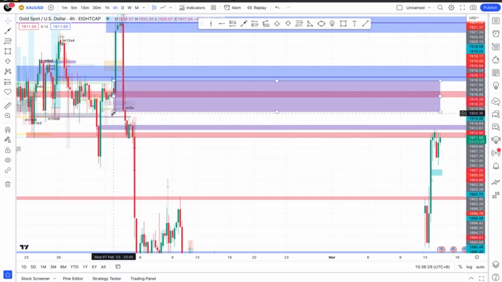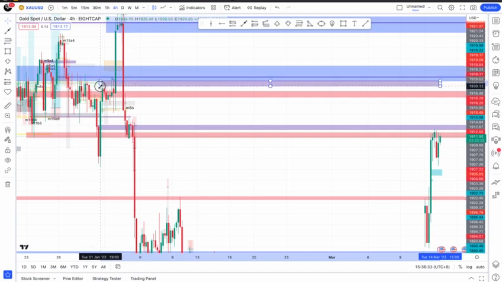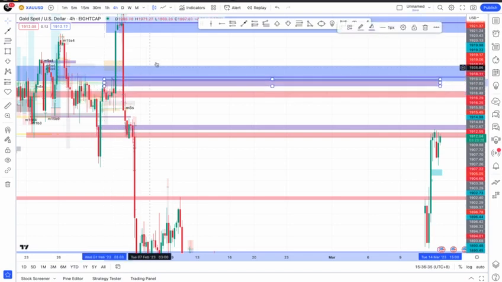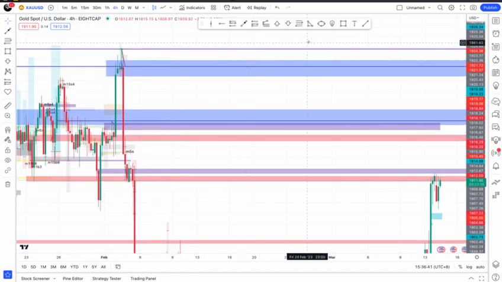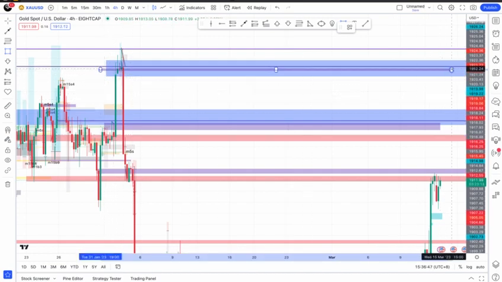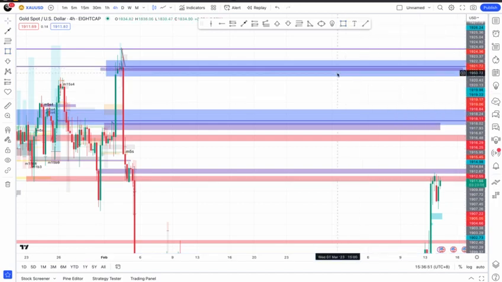So what I do to reduce my risk, I just take the higher zones like this, all the way from here to 1930. Next, where is my next H4 zone? As I can see, the next H4 zone is all the way up here. So this is my next H4 zone. It is similar to the daily zone as well, which is at 1951 all the way to 1953.